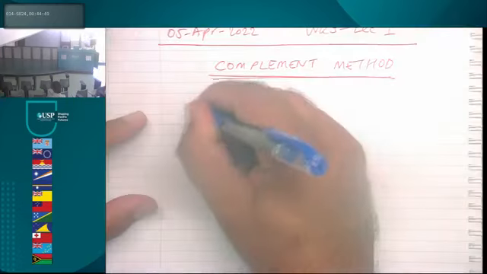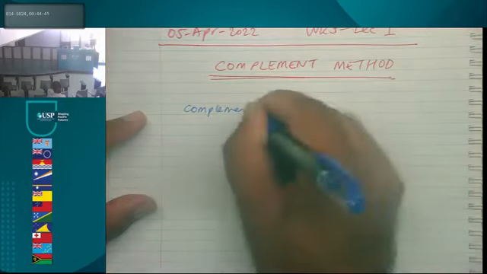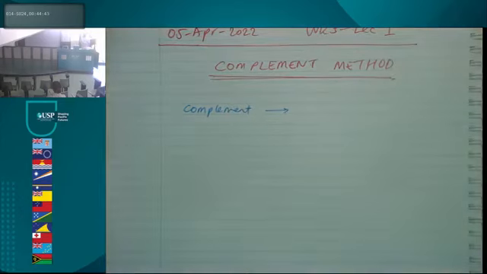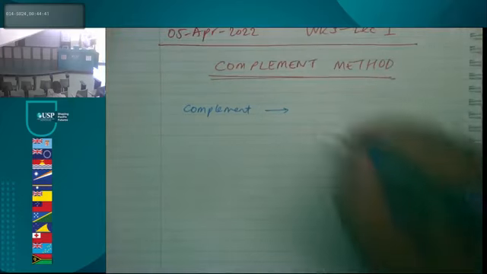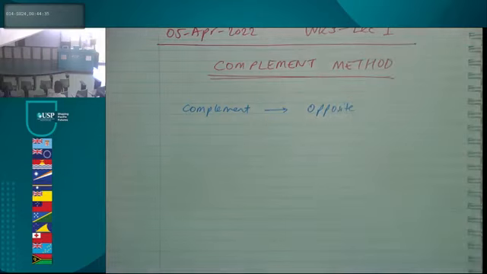Now, the word complement means opposite, right? You could think of it in terms of binary. The word complement in English means opposite, or something to contrast, something different.